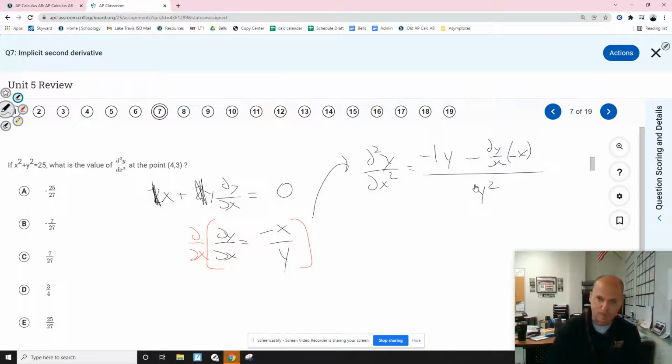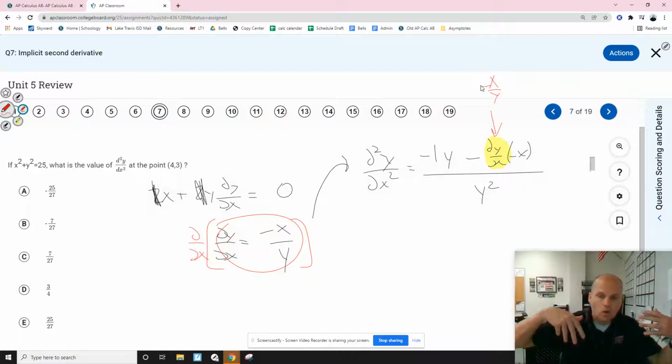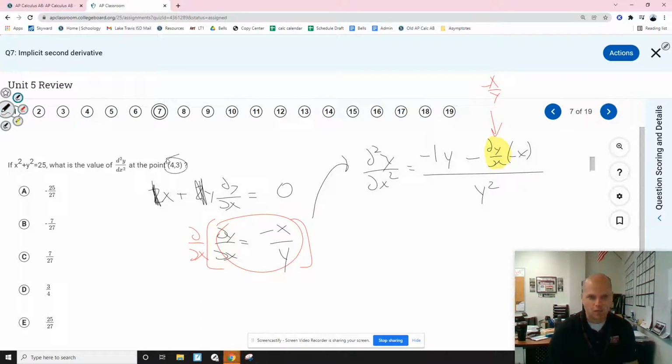And now this is a problem. It's like I have a second derivative that has a first derivative in it. Well, that's okay. I know what the first derivative is equal to. I could take negative x over y and substitute it in there. Or we're trying to find our second derivative at this point, 4, 3. Well, I can find what dy dx is at 4, 3. It's negative 4 thirds.